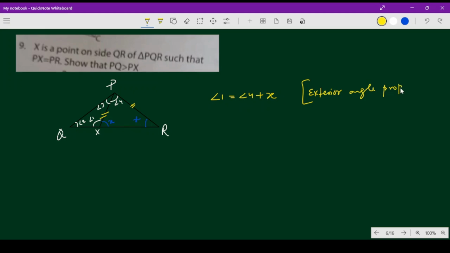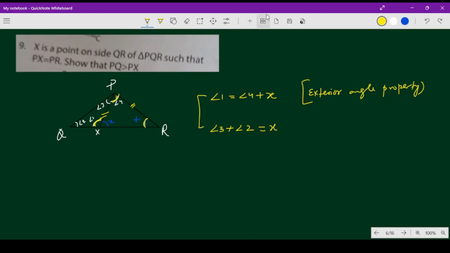See, this angle plus this angle is equal to this angle. Likewise, we can use the exterior angle property in this triangle PQX: angle 3 plus angle 2 is equal to this angle X.